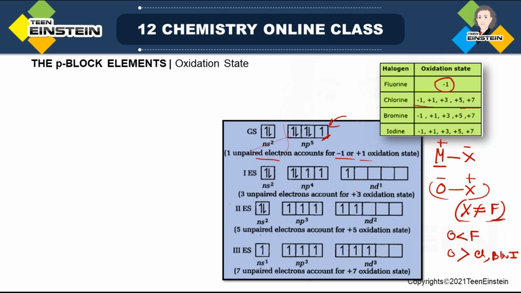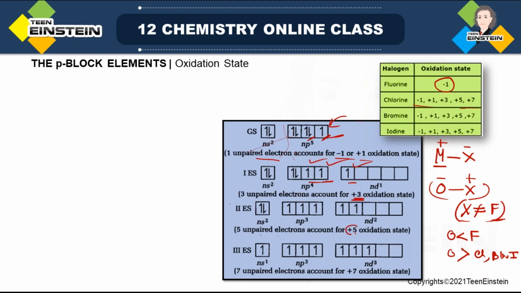After that, how can we achieve +3 oxidation state? Now to achieve +3 oxidation state, one of these paired electrons from np5 must be transferred to d orbital, otherwise we cannot have 3 unpaired electrons. Because in this case you have only 1 unpaired electron, but to have +3 oxidation state we need 3 unpaired electrons. So here we have 3 unpaired electrons.